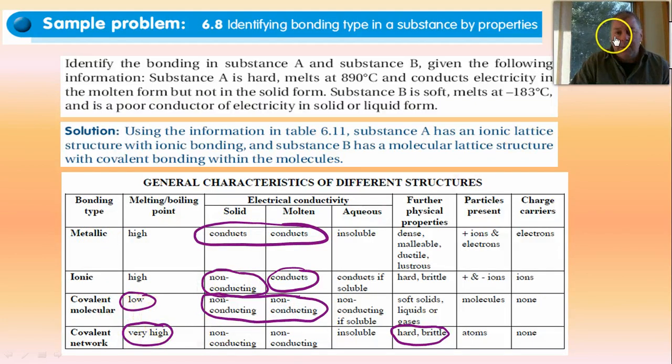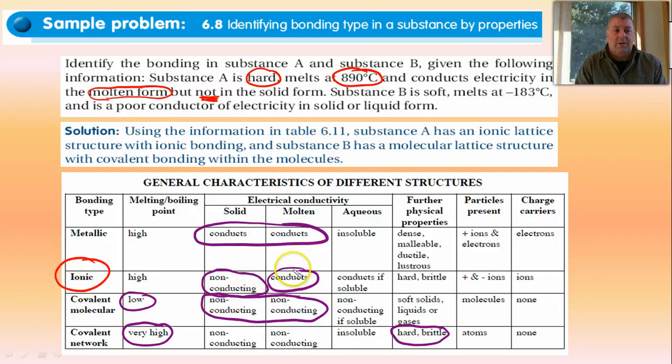And so if we go back to A and we look at it, it's got a high melting point, it's hard, but it conducts electricity in the molten state but not in the solid. So it's a non-conductor in the solid. If we go down here, that gives us two choices, and it can really only be ionic.